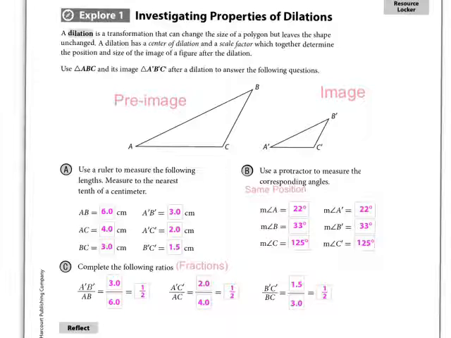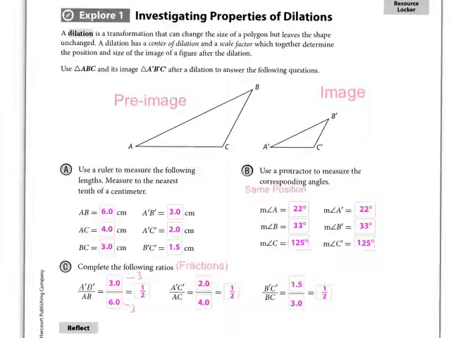Both of my numbers there can be divided by 3, so I'm going to divide by 3 on both of them. 3 divided by 3 is 1, and 6 divided by 3 gives us 2. And you can see here that we're getting a fraction as our answer, which is 1/2.